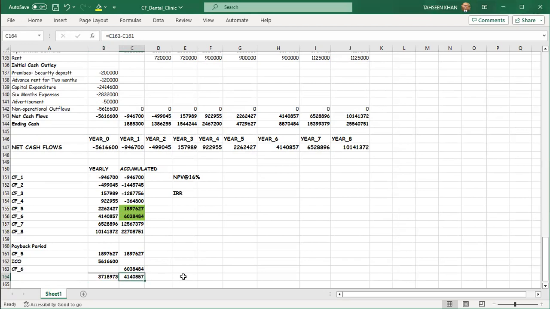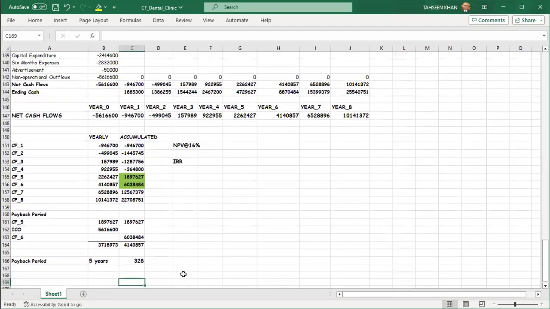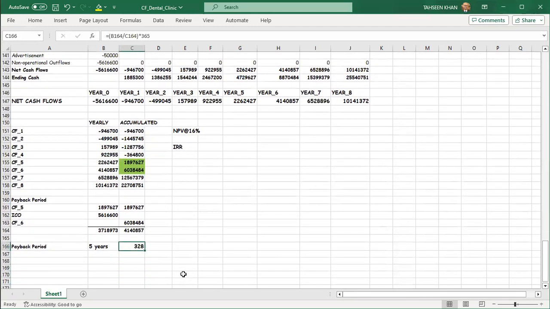Here we have the difference between the fifth year cash and the 6-year cash. On the basis of that, we are going to calculate the payback period. Payback period is naturally more than 5 years and less than 6 years.